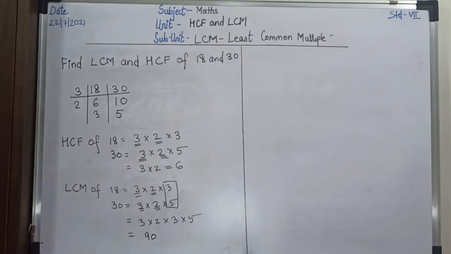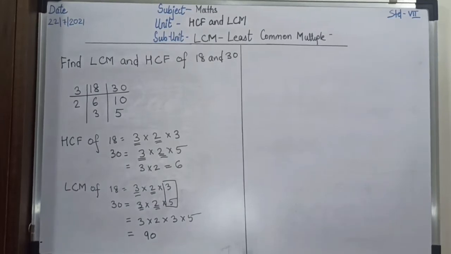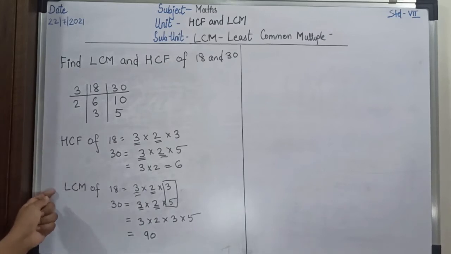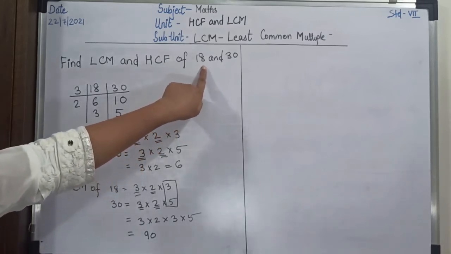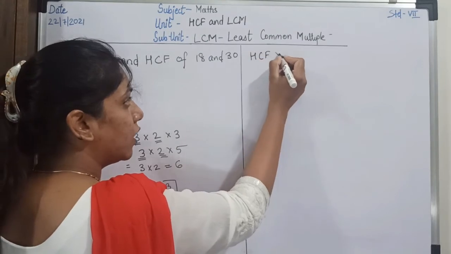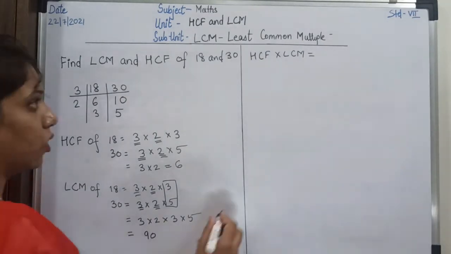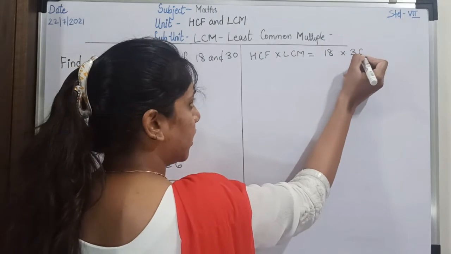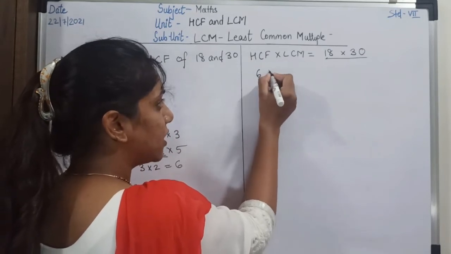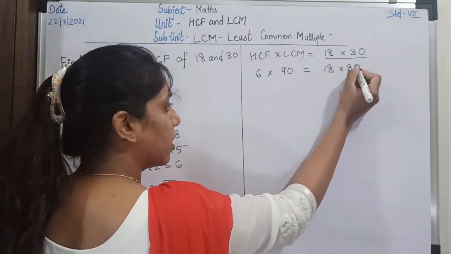Now let us come to the second part of the question. Compare the product of the LCM and HCF with the product of the given numbers. Now we have to compare the product of HCF and LCM with the product of the given numbers, which is 18 and 30. So HCF into LCM should be equal to 18 into 30. That is the product of the given numbers. So HCF and LCM is 6 into 90, which is equal to 18 into 30.